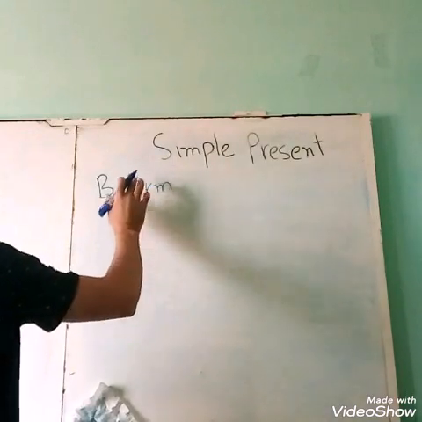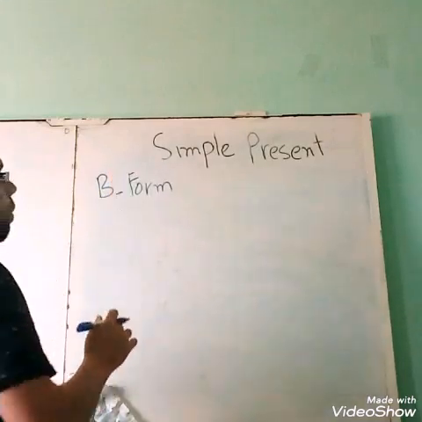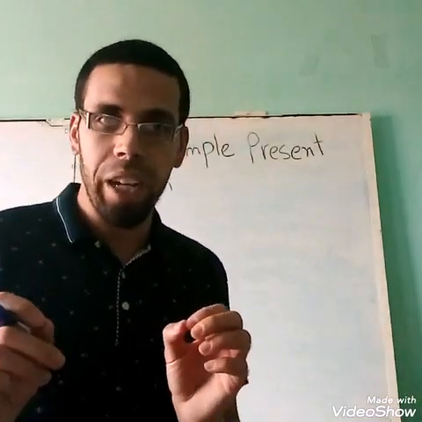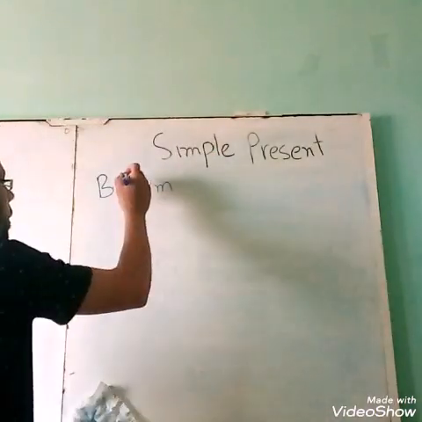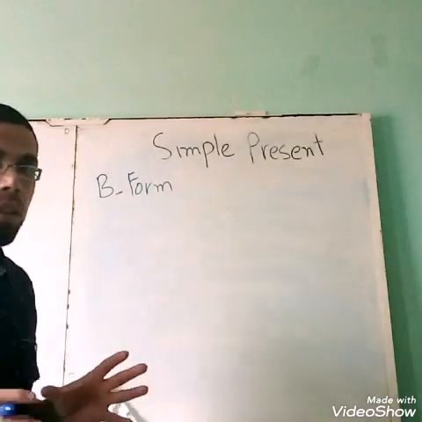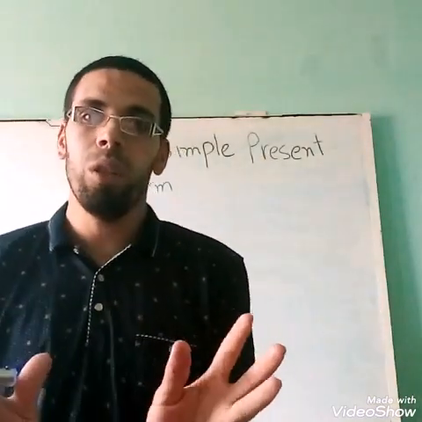Okay, this is the form. It's F. Sorry for my handwriting. This is form. Okay, it's F here. We know the form of simple present.